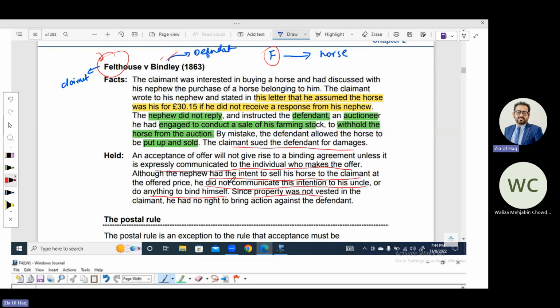Since property was not vested in the claimant, he had no right to bring an action against the defendant. He cannot claim against the servant who sold the horse, because the nephew's promise to sell the horse to his uncle was not communicated to the servant.